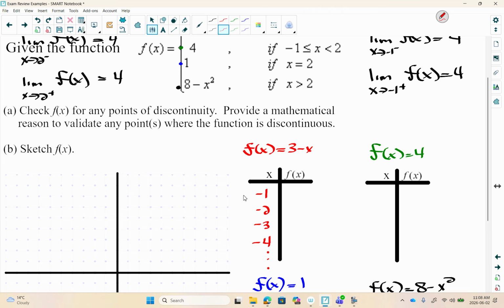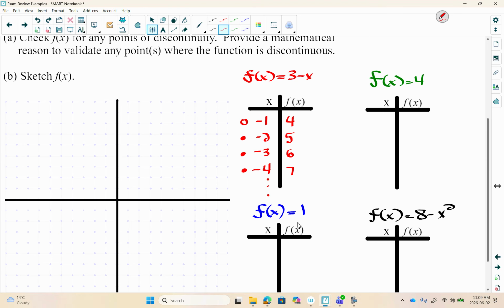So how do I exclude the -1? Open dot, close dot, close dot, close dot. To figure out your heights, you're going to go 3 minus -1, that's 4. 3 minus -2, that's 5. 3 minus -3, that's 6. And 3 minus -4, that's 7.